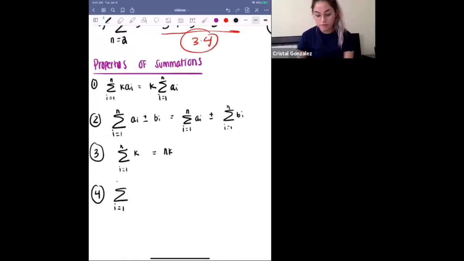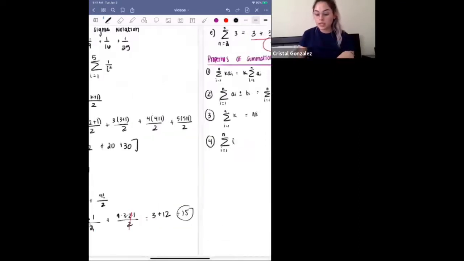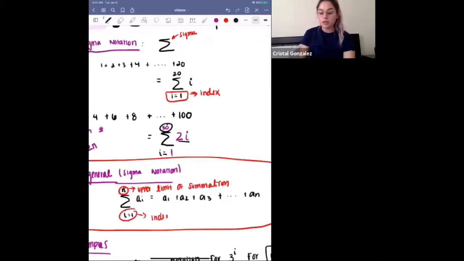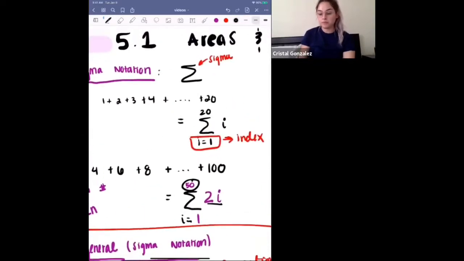So we're going to have the sum of i. This means that we are adding all of the integers over and over again, just like we did in the first question. So here we have the sum as i goes from 1 to 20 of just i.